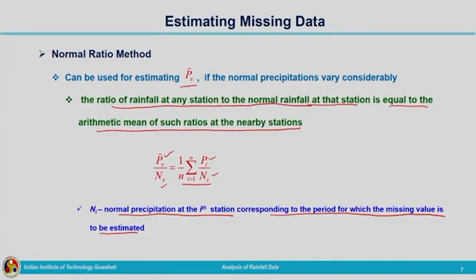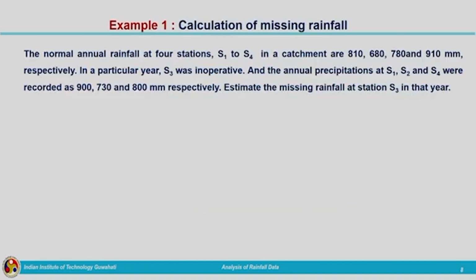Summation of those ratios will be taken, and these two ratios will be equated to calculate the missing data at a particular station X. And in this, how many neighboring stations are considered? That number is represented by small letter n. Capital N is representing the normal rainfall.